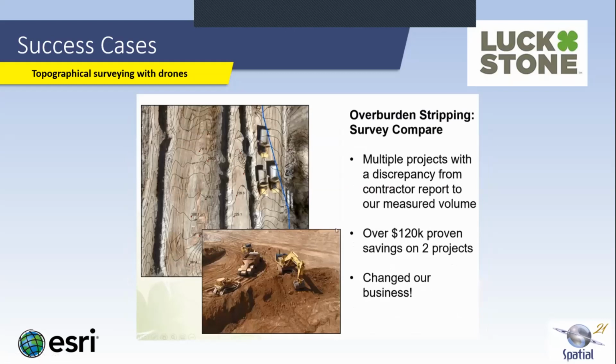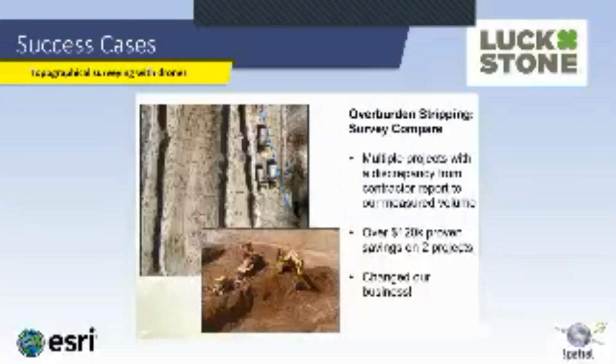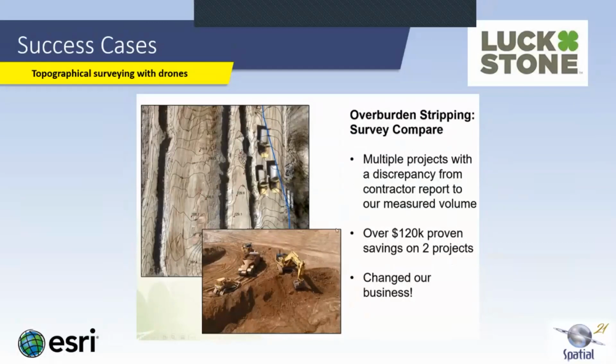So here we have where the overburden stripping is compared, and what you have is a discrepancy between when the system was implemented and what the contractor was actually reporting, and they have saved over $120,000 US over 2 projects.